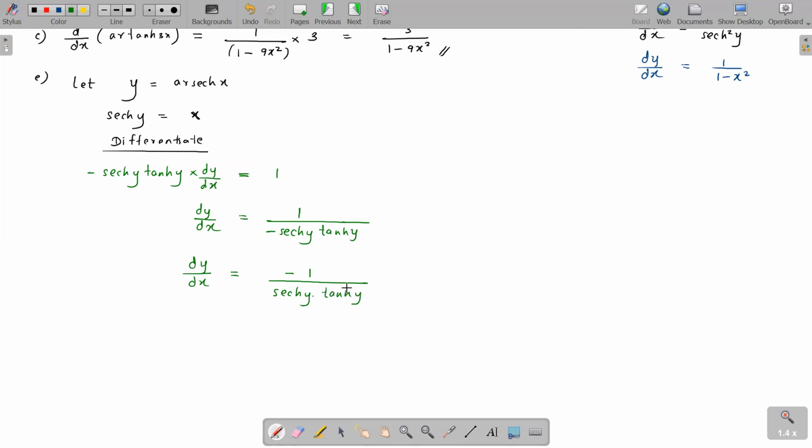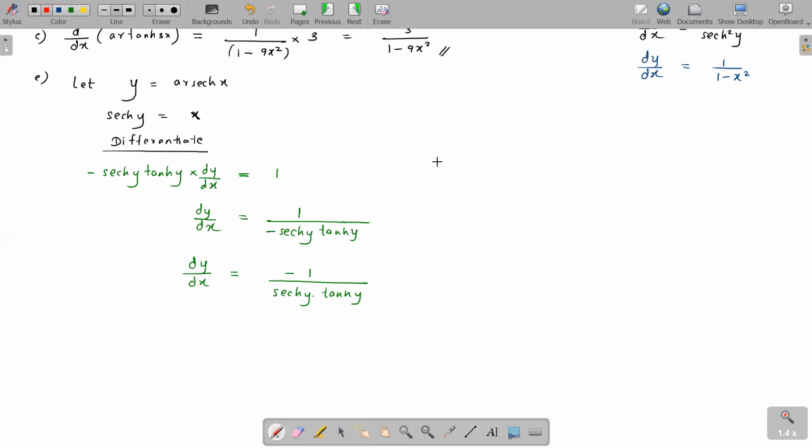Then we need to keep our answer not in this manner, right? Our answer needs to be in terms of x. So you need to find ways to replace the tan y and the sech y. Definitely sech y is x, so sech y we can replace with x. The only thing is to find the replacement for tan y.